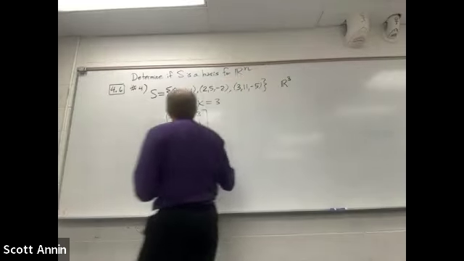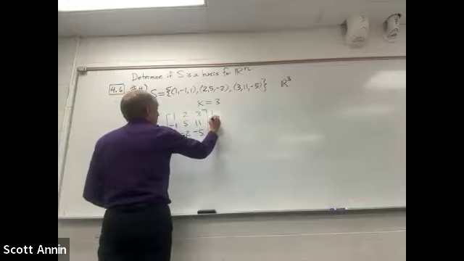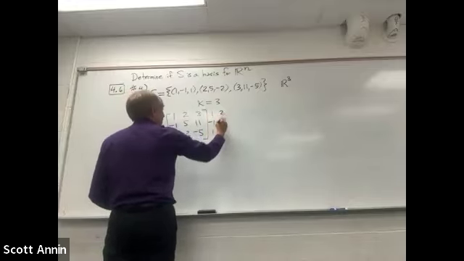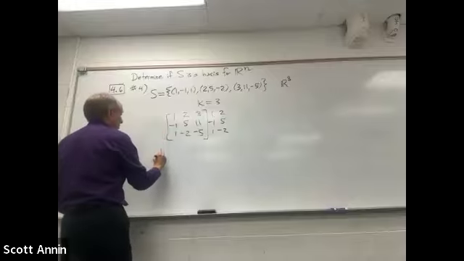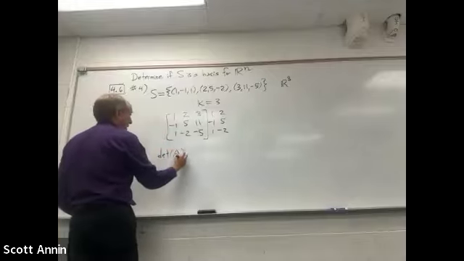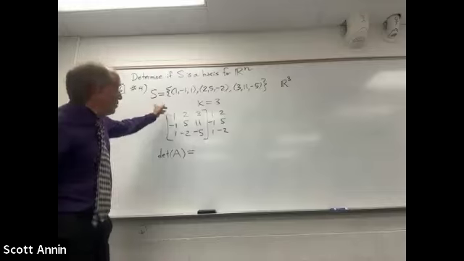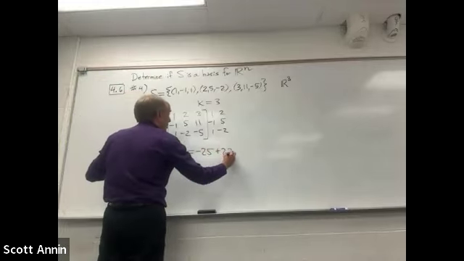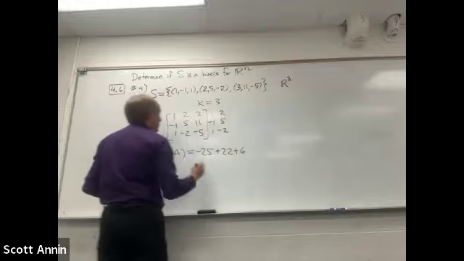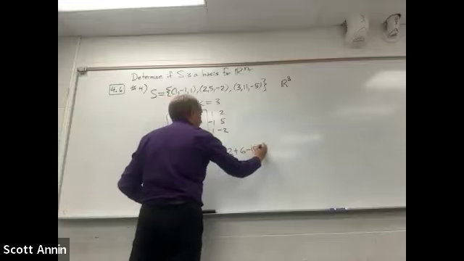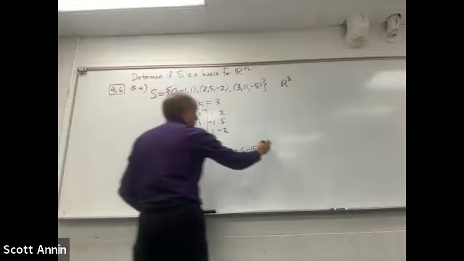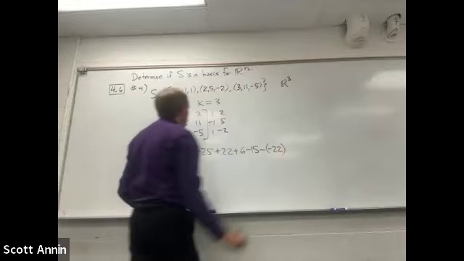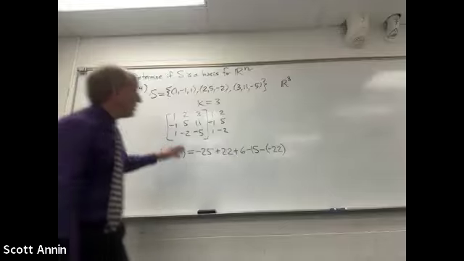So I'm going to take the determinant of this, and I'm just going to use the arrow method since it's only a 3x3. The determinant of this matrix A, using the arrow method, I'm going to get -25, and then +22, and then +6, and then -15, and then -22, and then -10.